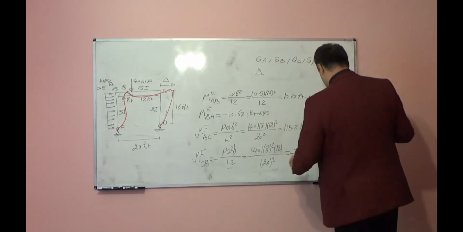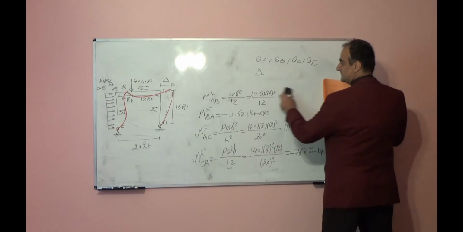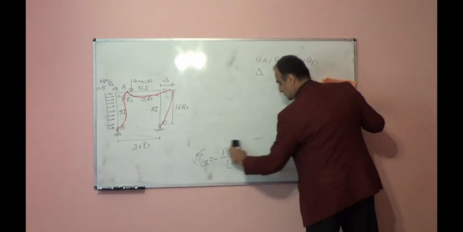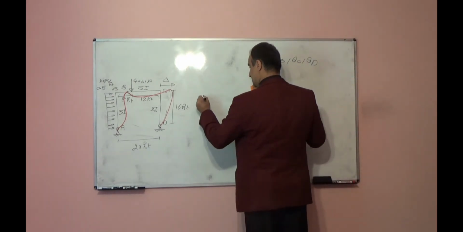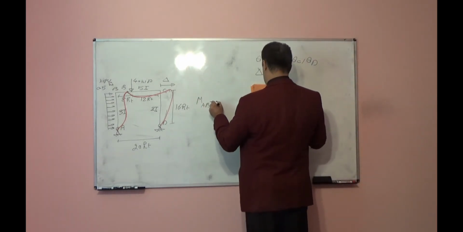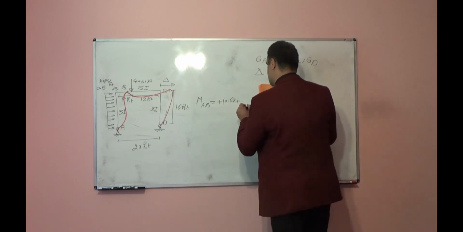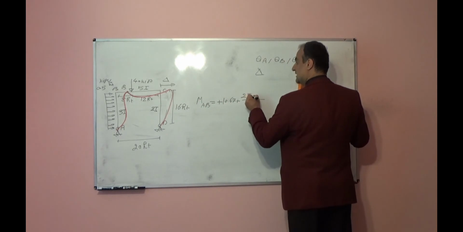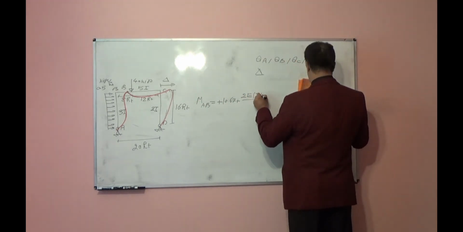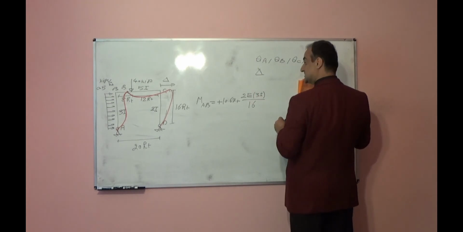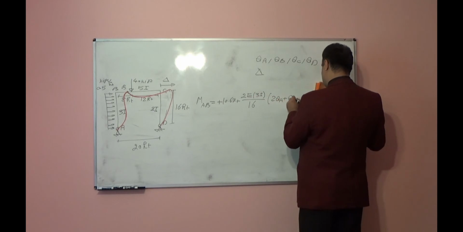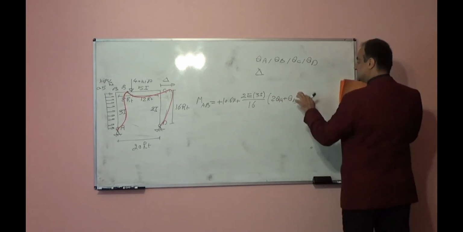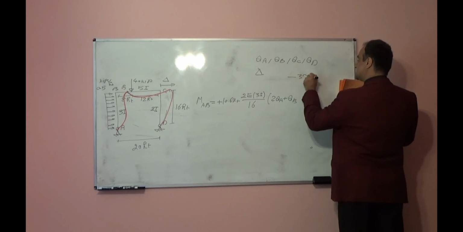So here we should write the complete slope deflection equations after calculating the fixed end moments. For example, for AB I'm writing, M AB will be equal to M fixed AB plus 2E I for that part, it is 3I, divided by length 16, 2 theta A plus theta B plus, in the formula it is negative 3 psi.